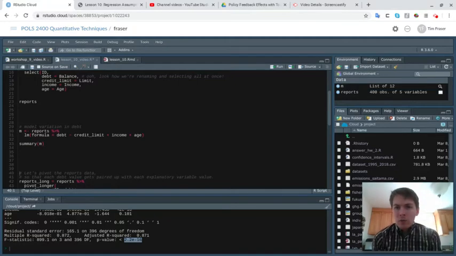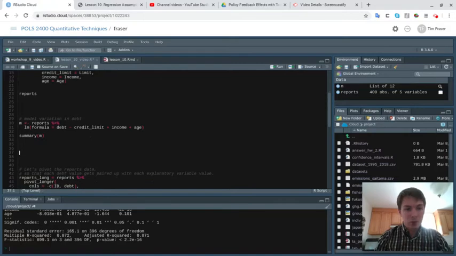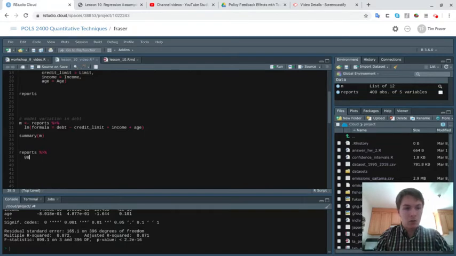do our variables have linear relationships? Do we fit the assumption of linearity? We can do this in a couple different ways. For instance, here's one way that isn't written. Our data frame is called reports, right? And so we could just, for each variable, go ggplot, mapping equals aes, x equals, let's do credit limit first, and y equals debt, because y is our outcome.